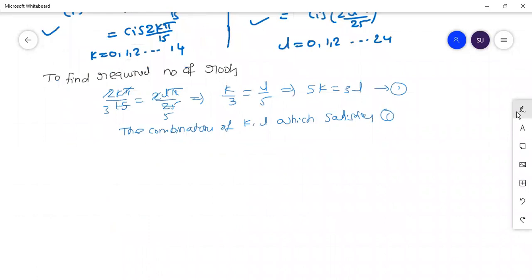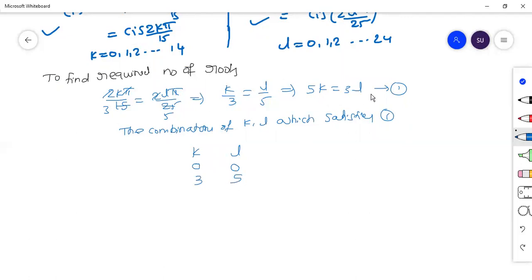Now we will find those combinations. Suppose I substitute k as 0 and L as 0, will it satisfy equation 1? Yes. If I substitute k as 3, it is 15, then I should substitute L as 5. That means 3 comma 5. See, 3 fives are 15, 5 threes are 15.